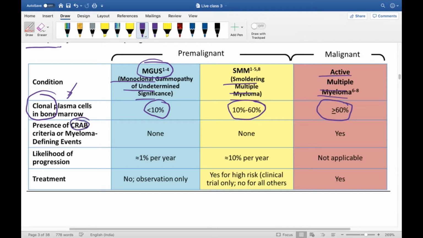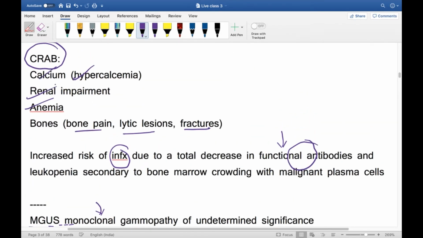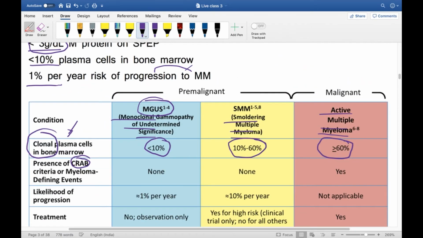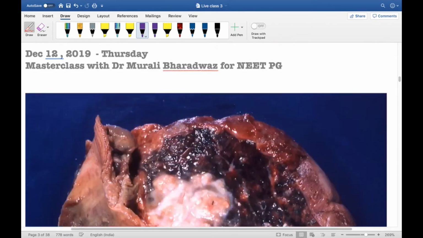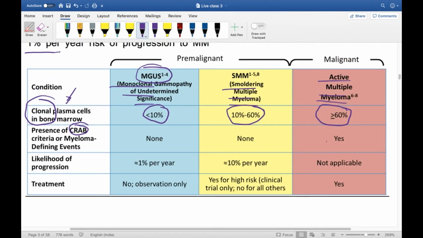Similarly, CRAB criteria. What is CRAB, doc? Calcium, renal impairment, anemia, bones. The CRAB criteria is there only in multiple myeloma. Okay? Then progression to multiple myeloma, more than 10% if it is smoldering multiple myeloma.